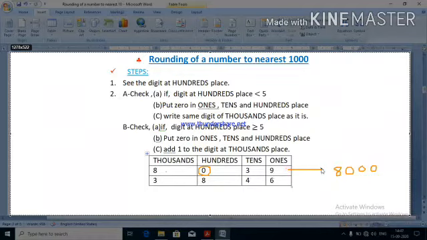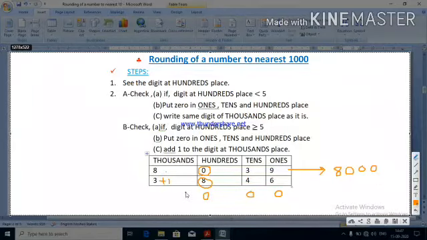Similarly, you have to see the digit in hundreds place. Here it is greater than 5, so you have to write 0 here, here, and in ones place also. And in hundreds place it is greater than 5, that's why you have to add 1 in thousands place. Now this becomes 4000.